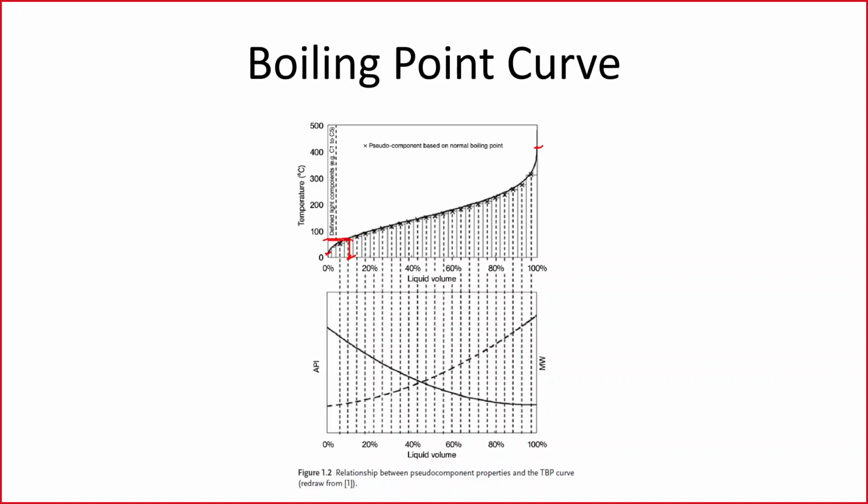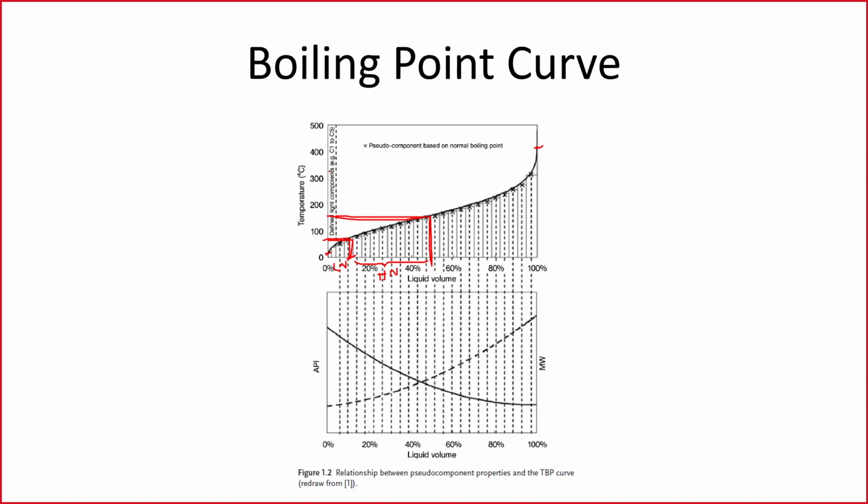Yeah, 10% is your light naphtha. And then from this 80 degrees C up until 160, 170 degrees C, somewhere in this part, is going to be your heavy naphtha. If not, then ask me questions.